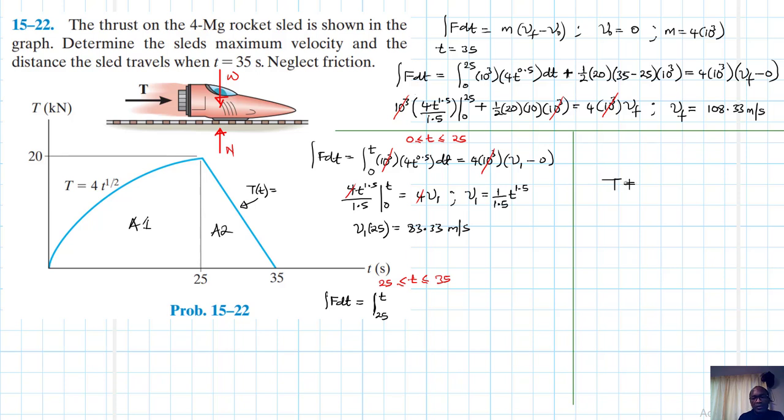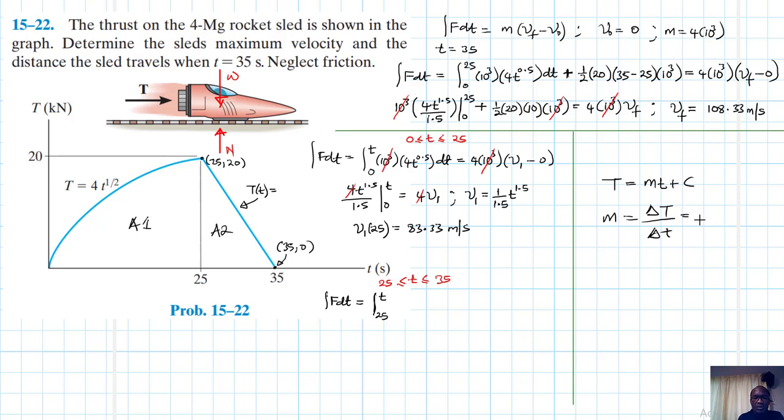So we have F equal to mt plus c. Our m is the gradient, which is just the change of F divided by the change of small t. This coordinate here is (25, 20), and this one here is (35, 0).